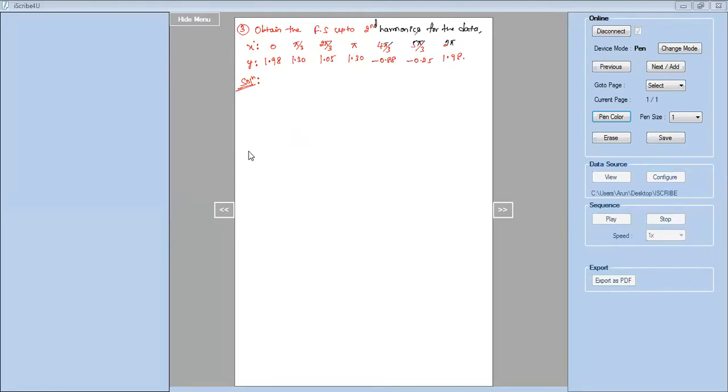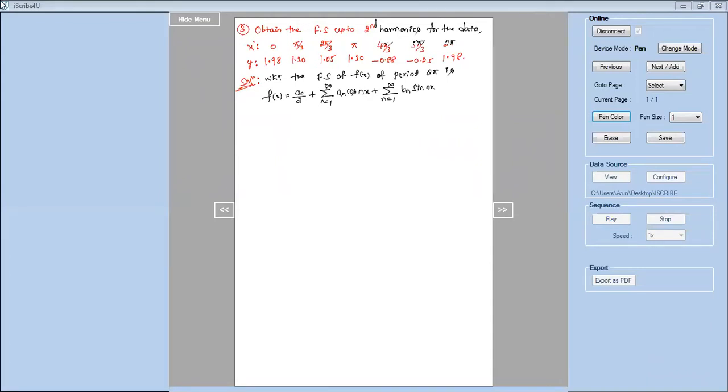I'll write the Fourier series directly. We know that the Fourier series of f of x of period 2 pi is given by the formula f of x equals a naught by 2 plus sigma n equals 1 to infinity a n cos nx plus sigma n equals 1 to infinity b n sin nx.